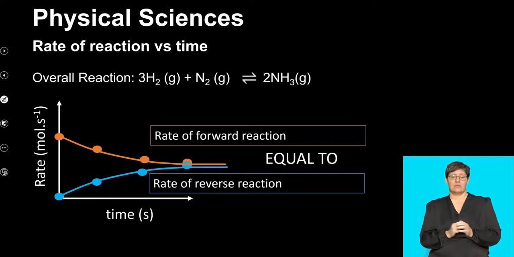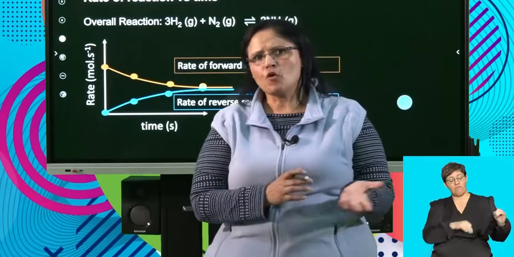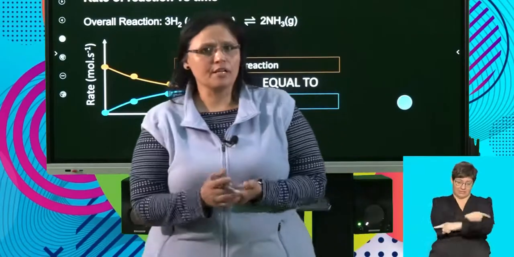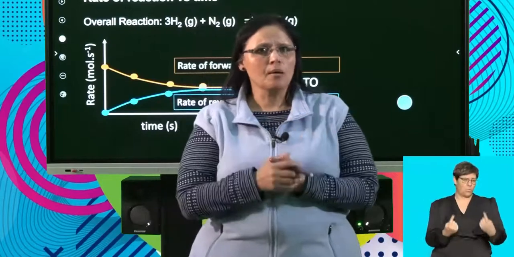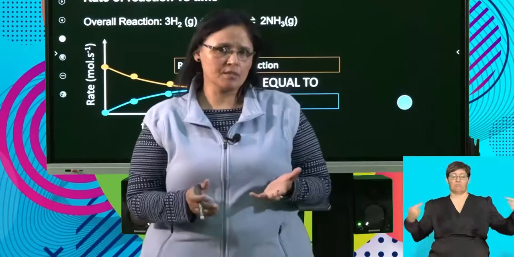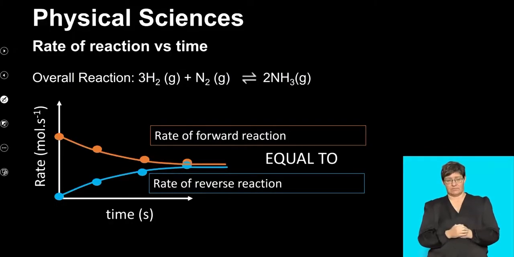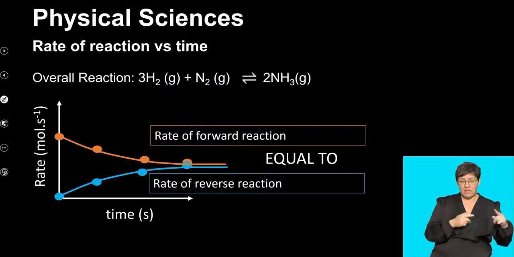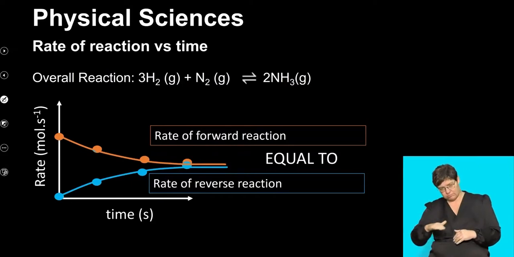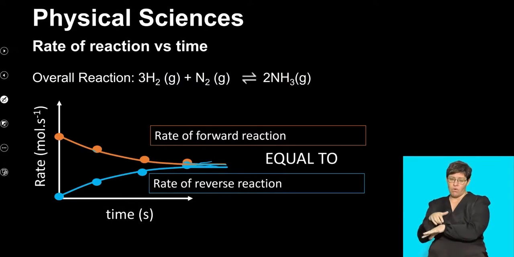Just want to take you back to the rate graph where we spoke about the rates of the reaction. We specifically looked at the rate of my forward reaction and the rate of my reverse reaction as we work up to a chemical equilibrium in a reversible reaction that is in a closed system. Last time we looked at how the rate is fast at the beginning for the forward reaction, slows down, and then at this point remains the same.